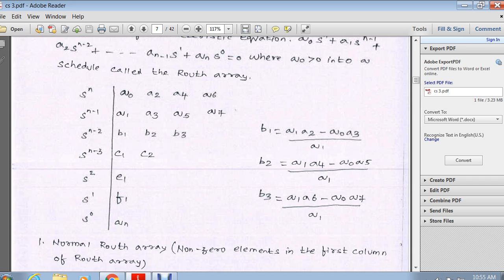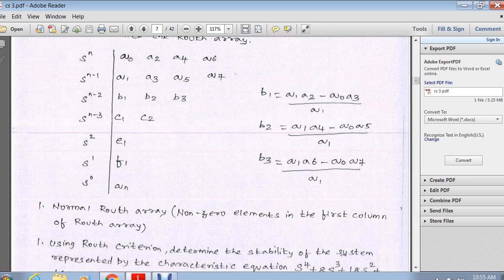If you want to get this b1, we need to cross multiply a1 with a2 minus a3 with a0, by a1. Similarly, if you want to get the b2 term, we have a1 into a4 minus a0 into a5, by a1. Similarly, for b3, a1 a6 minus a0 a7, whole by a1.